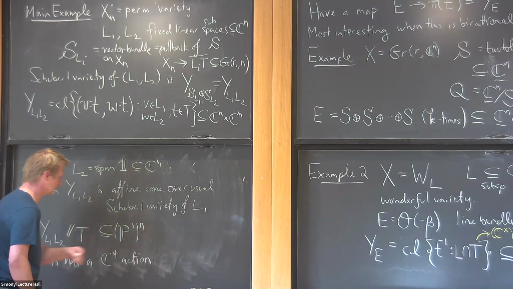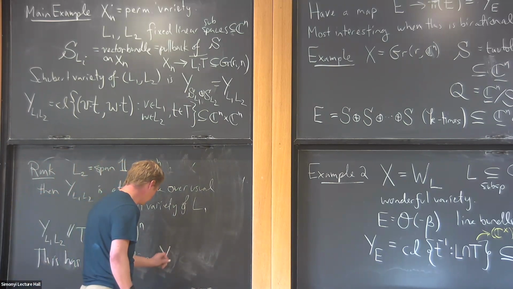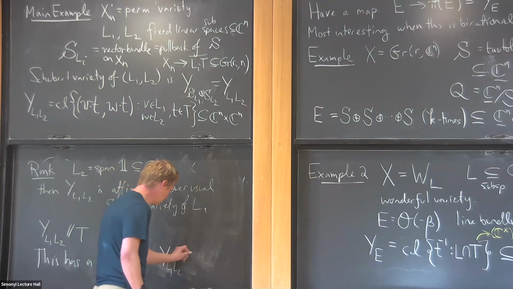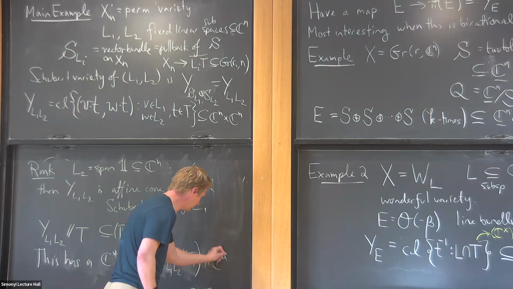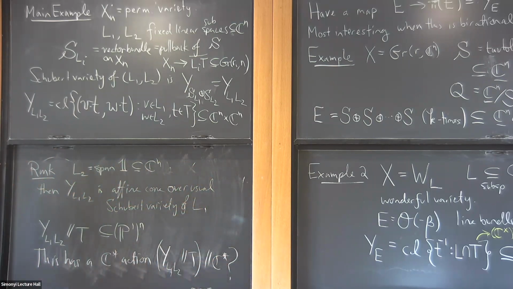So P1 has a C star action, and you can ask what happens when you take the further quotient of Y of L1, L2, and then we quotient again for the C star action. And I have a guess for what this is. I think it should be like the difference of the two Bergman fans, the Bergman fan of L1 minus the Bergman fan of L2.